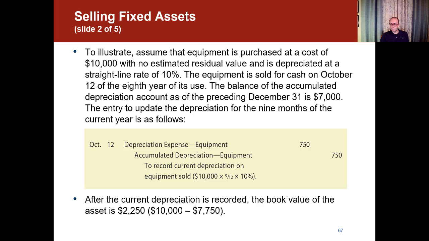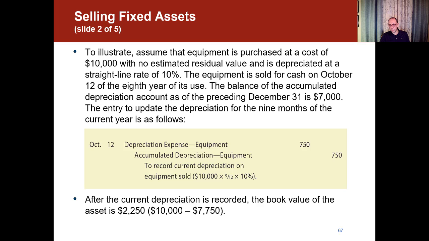So the equipment is sold for cash on October 12th of the 8th year of its use. So it's been used for 7 years, and in the 8th year, it has been used for only 9 months out of the 12. The balance of the accumulated depreciation account as of the preceding December 31st is $7,000.